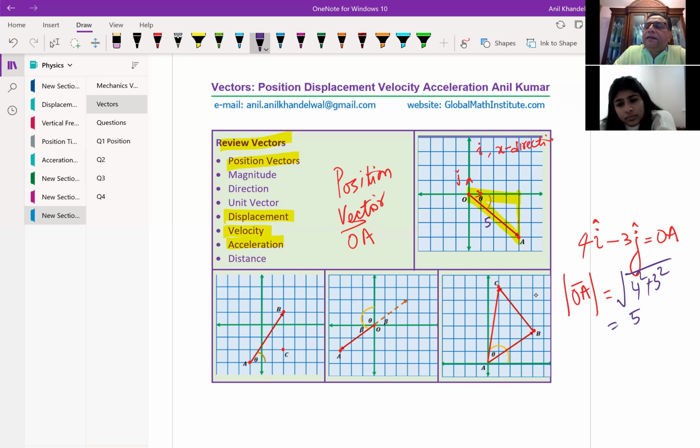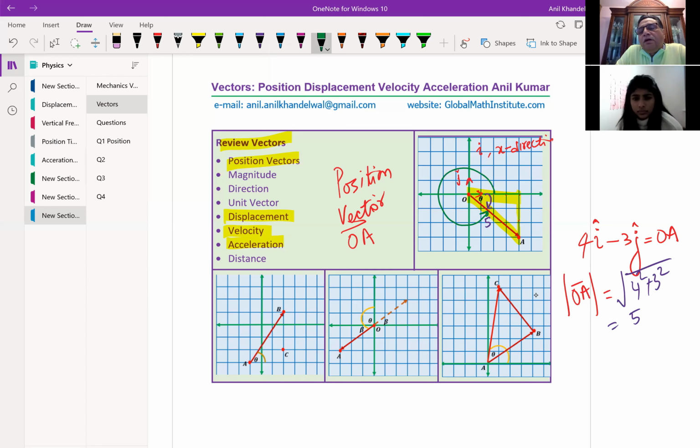To find the direction, we know that it is moving downwards from x-axis. So the angle theta is negative. You could write this angle as negative. The other convention is to always write angles as positive when they are seen counterclockwise. So that is the angle which could be the answer.